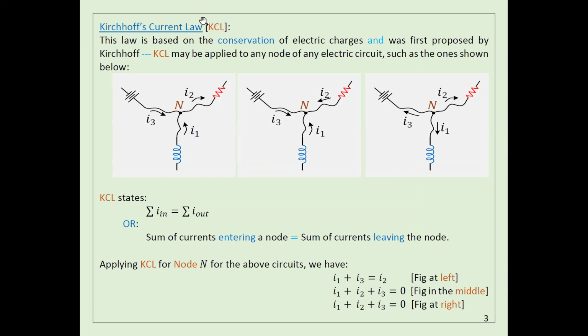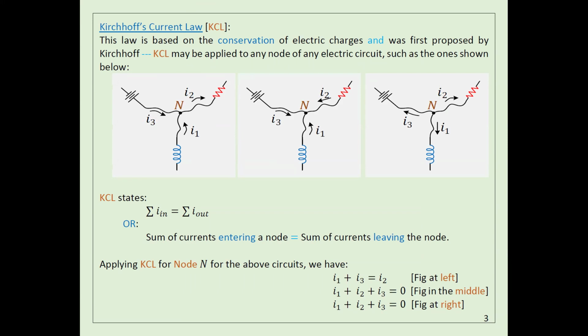It's very intuitive. Look at what this law is telling us. Number one, for any node, the amount of current entering this node is equal to the amount of current out of this node. Does it make sense?